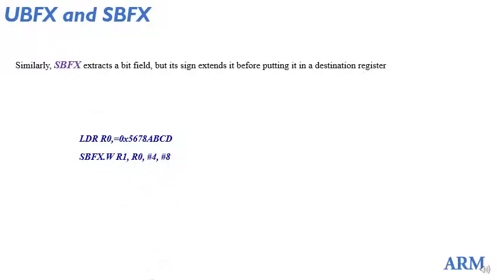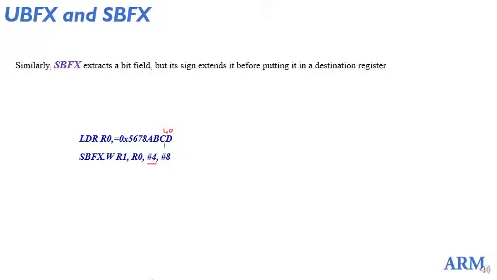So as usual, before going to the instruction, I will just write down the bit numbers. So this least significant byte will start from bit number 0. The second nibble, the second digit, will start from bit number 4. So #lsb is #4.